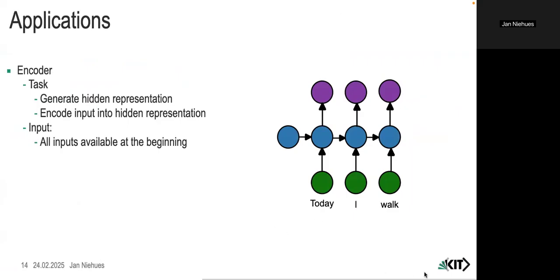So you have your text here and you are interested in learning some hidden representation that represents your input. And again, that's why I mentioned the notion of direction. Typically we have all information available, so we know everything that we want to encode. Of course, there might be situations where that is not the case.